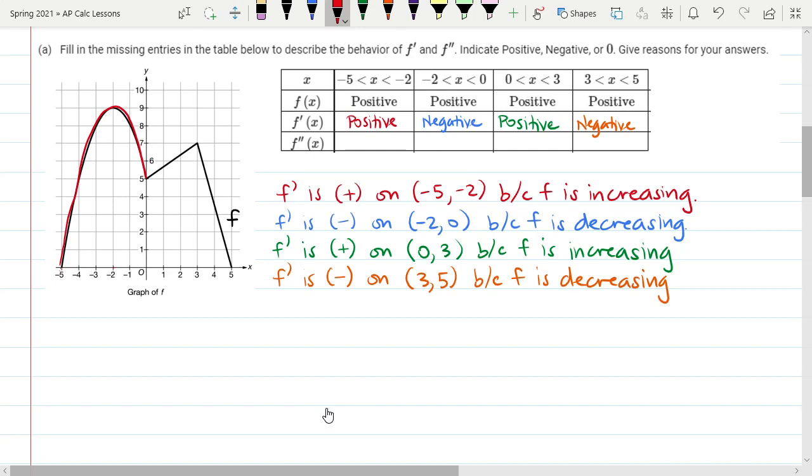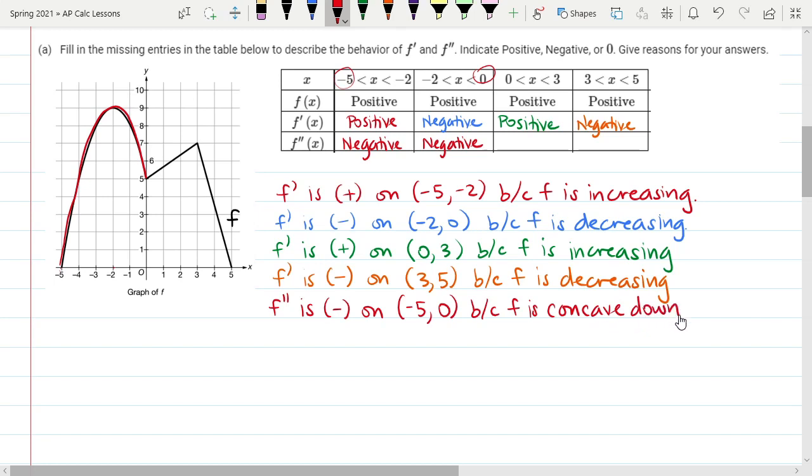And since f is concave down on that entire interval from -5 to 0, then that means f double prime is going to have to be negative across that entire interval. So we can say that f double prime is negative on the interval from -5 to 0 because f is concave down.